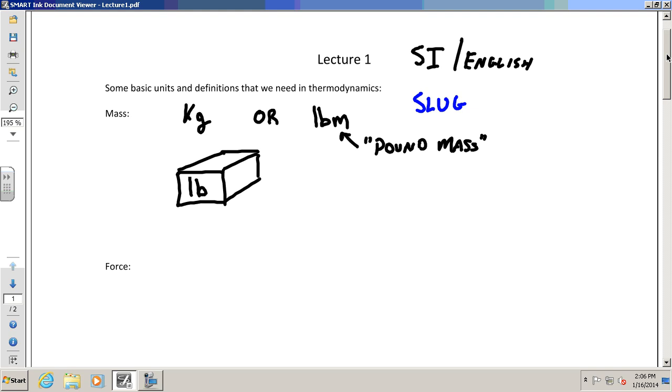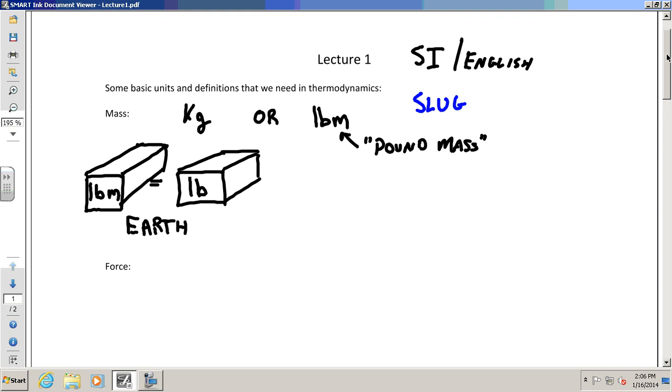I can go to the deli and order a pound of turkey. Or I go to Walmart and I've got my self-checkout and I weigh my broccoli, and it's a pound. So a pound is going to be the same thing as a pound mass. They're really going to be the same thing so long as we are on Earth.